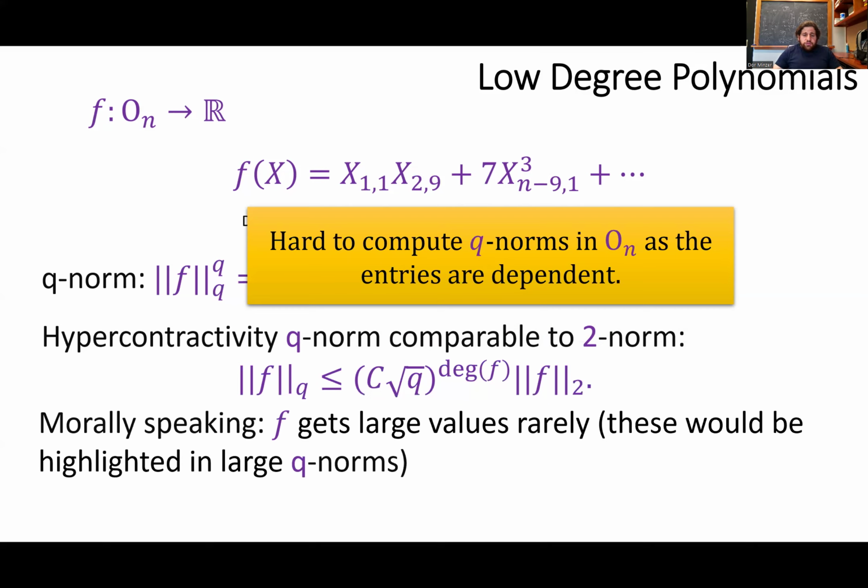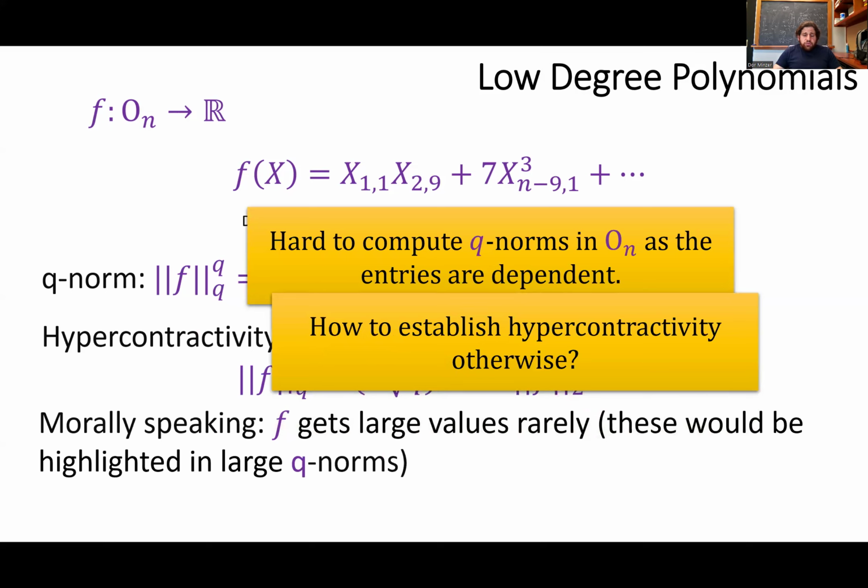If you try to expand something like the Q norm, you're going to run into many terms, and they're going to be hard to compute because the entries of O(N) are dependent, right? Because any two columns in O(N) are orthogonal, and the 2 norm of any single column is 1. So there are dependencies which make this computation of the norms very difficult.